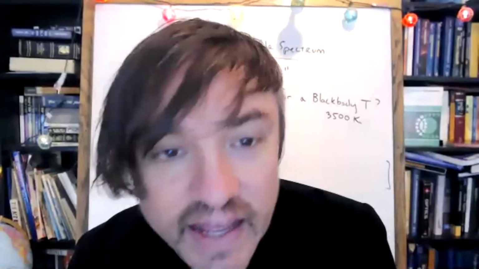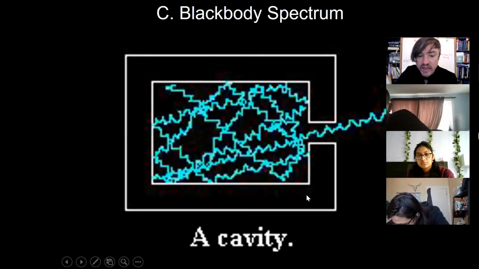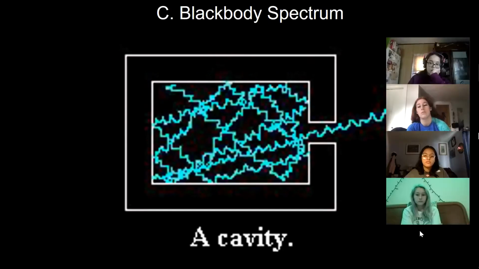So here's what they did in their insanity to discover the true blackbody. They actually built an iron cavity, a giant cylinder made of iron, and they heated it up so that the interior walls of the cavity would glow. And they knew this would be a perfect blackbody because it was sealed from the outside, so no light could get in. Only light could be generated by temperature.